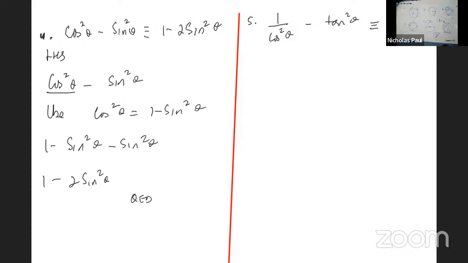Take your time. Left hand or right hand side here? Left hand side, right? Good. Go ahead, take your time, find the LCM.